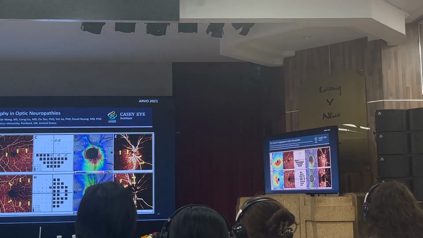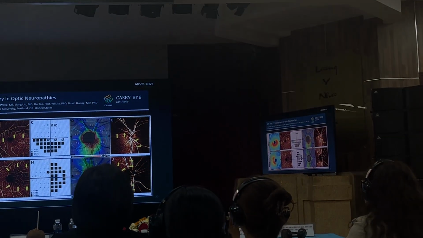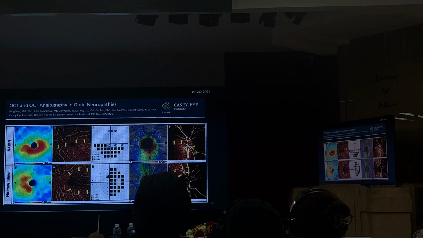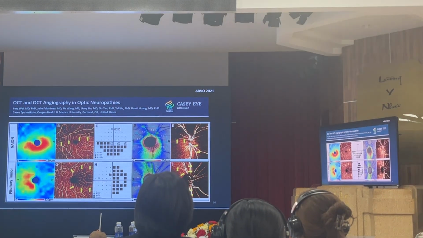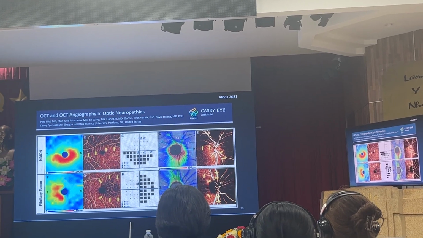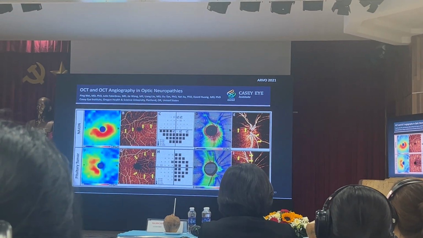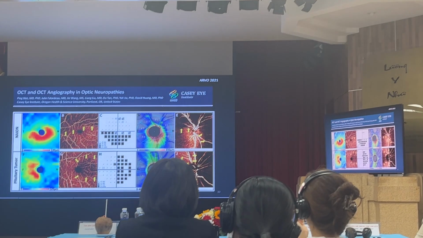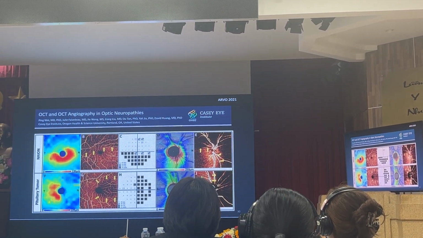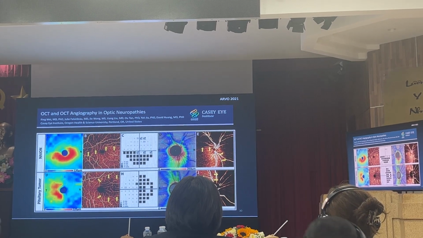OCT angiography will help us in future. This is a poster from 21's ARVO showing in anterior ischemic optic neuropathy the typical horizontal line respecting loss of vessel density, with the loss of ganglion cells and vision loss in the inferior hemifield.